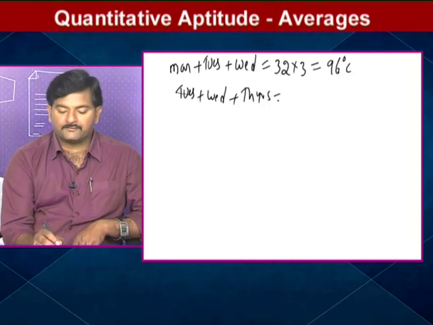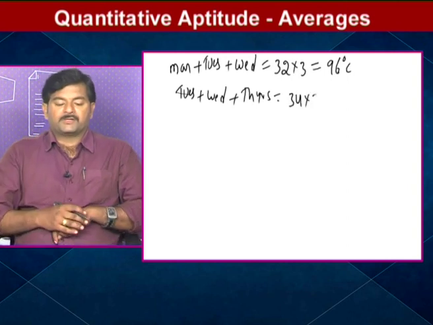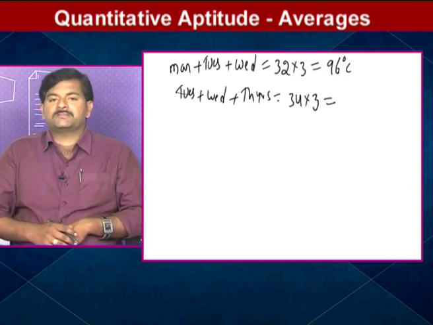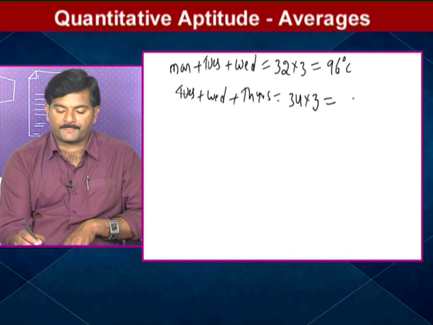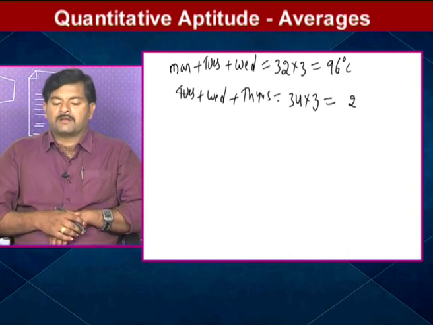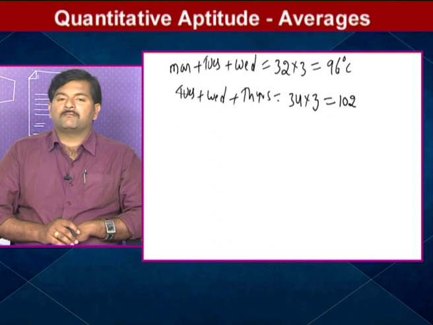Next, secondly, the average temperature of Tuesday, Wednesday and Thursday: how much is given? 34 degrees Celsius is given. We can find the total, so Tuesday plus Wednesday plus Thursday total is equal to 102. 90 plus 12, 102 I am getting.